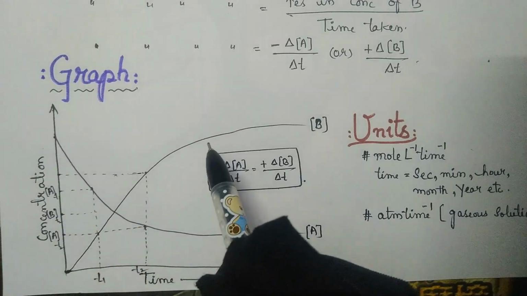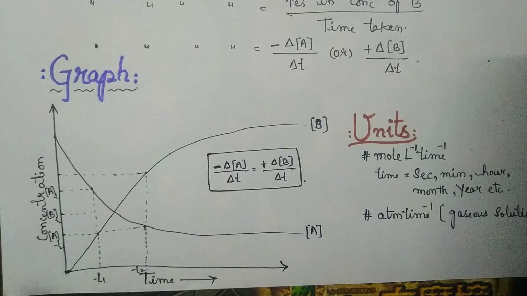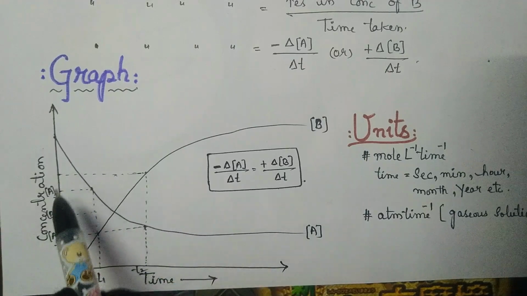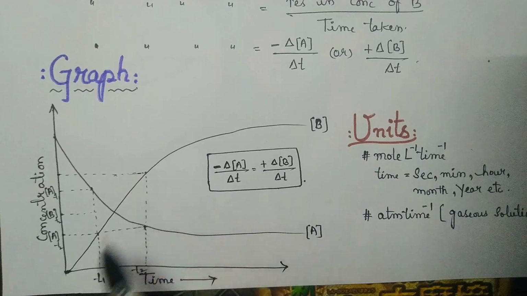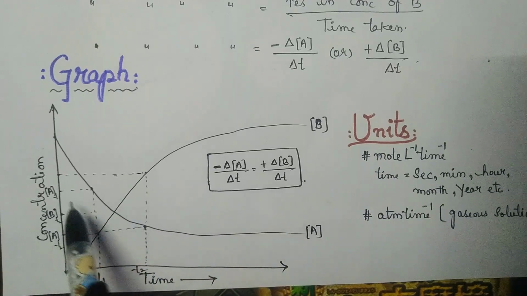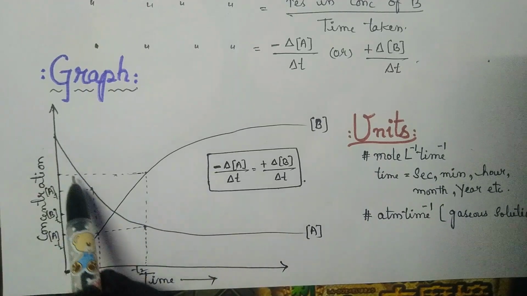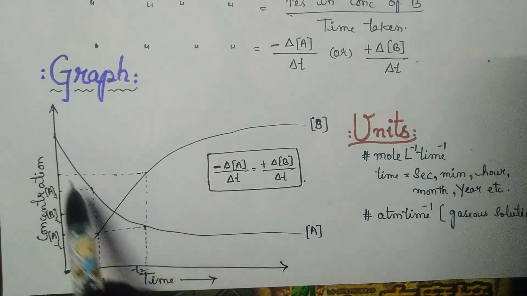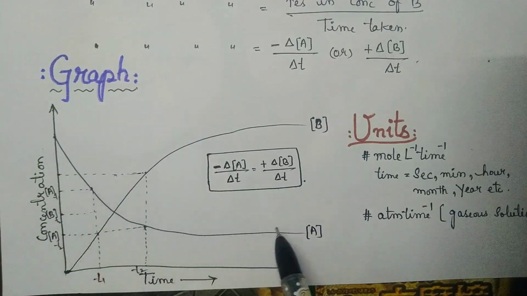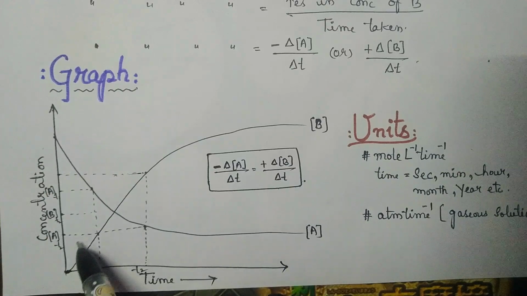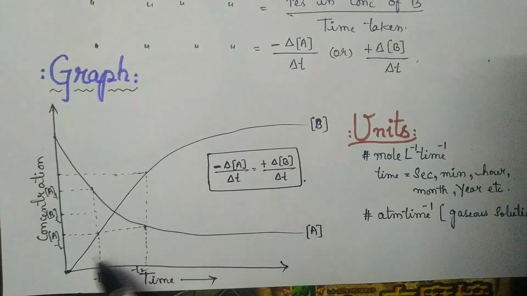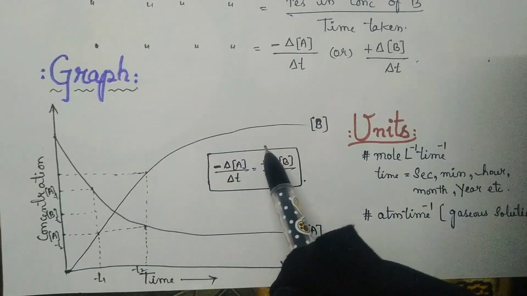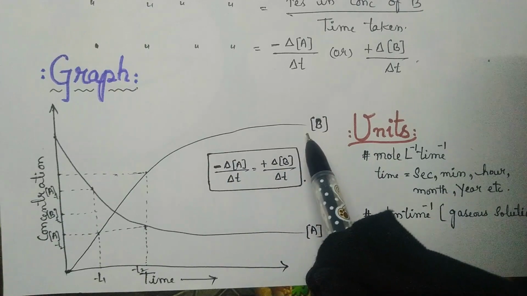One curve is for reactant and another for product. So this curve shows decrease in concentration of A with increase in time, and A is reactant here. And this second curve shows increase in concentration of B with increase in time, and we know B is product here.